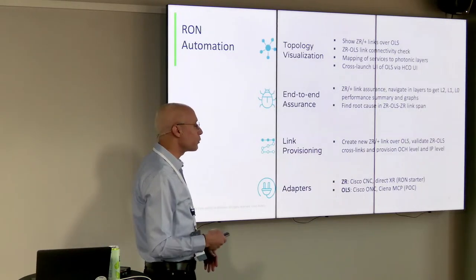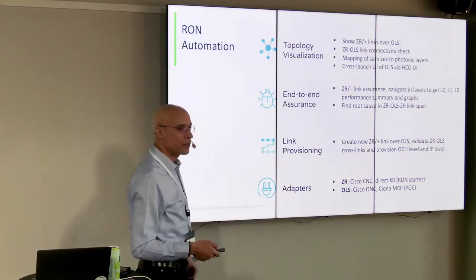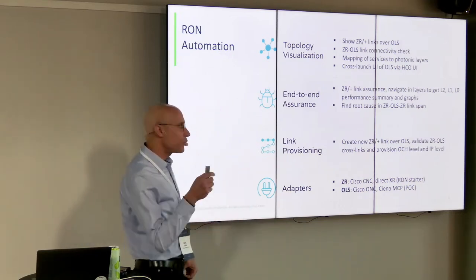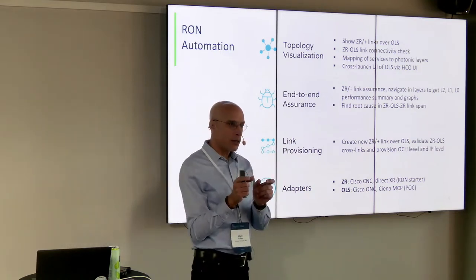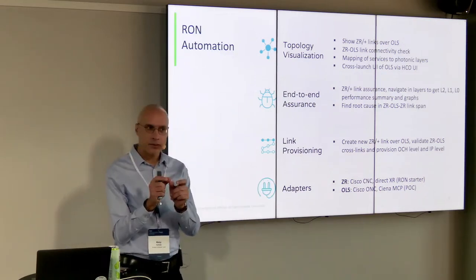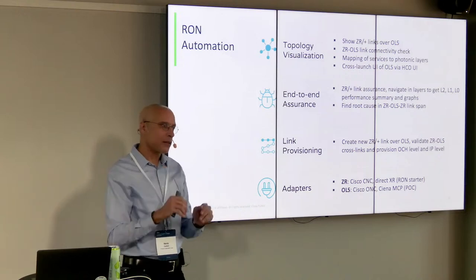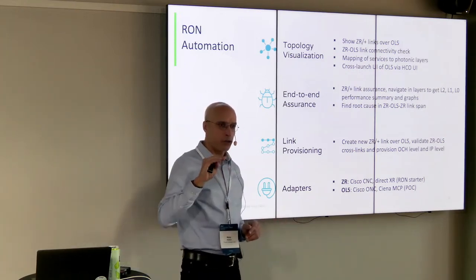What do we provide in HCO for this solution? Starting with the topology visualization, we show the ZR Plus. ZR Plus is a technology that gets into the pluggables, into the routers. To give some background, when you look at the optical network, you have different technologies.